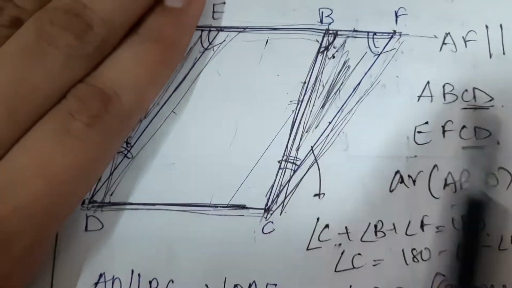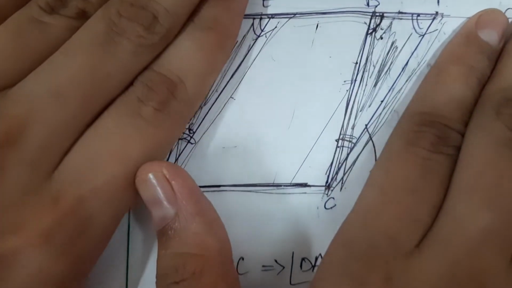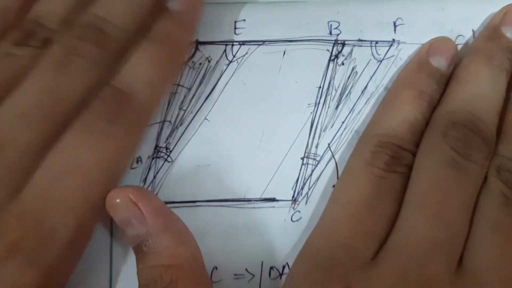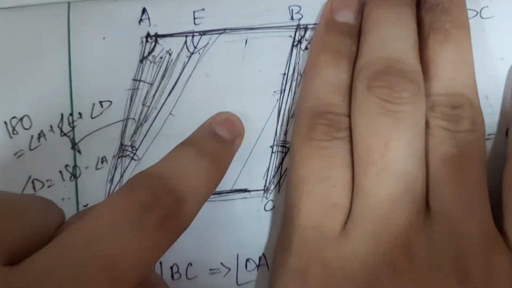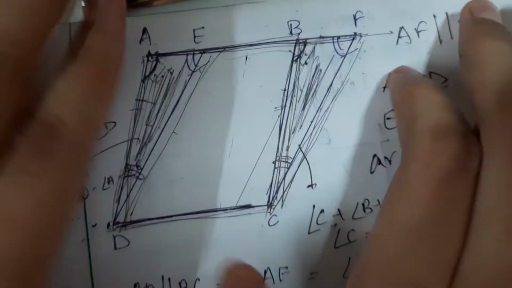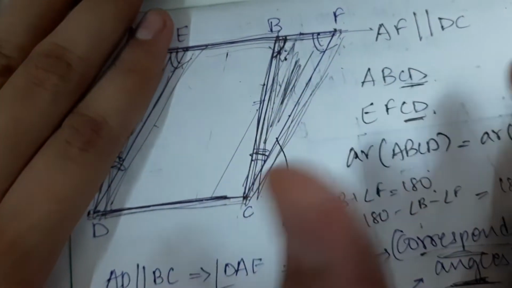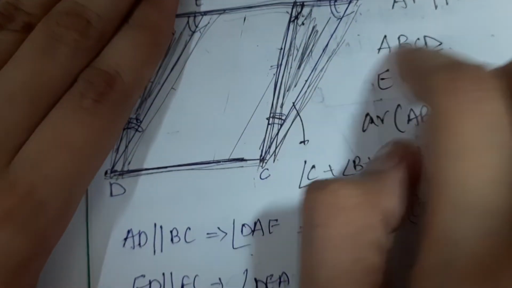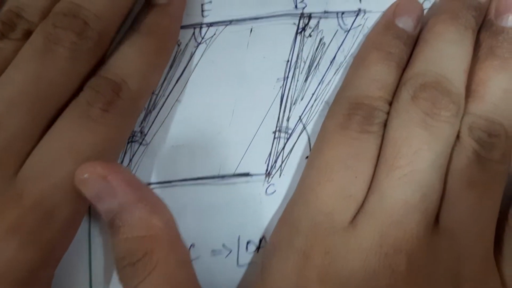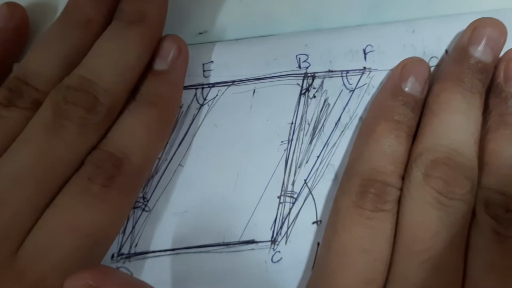What is this? This is the second parallelogram, no? So first we summed these two, but this is equal to this. So we removed this and said this plus this. Now this plus this is the area of the whole second parallelogram, no?